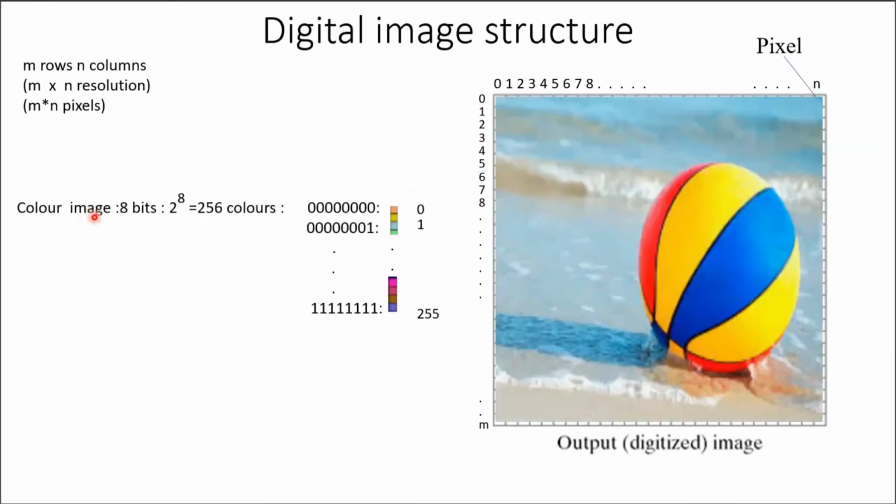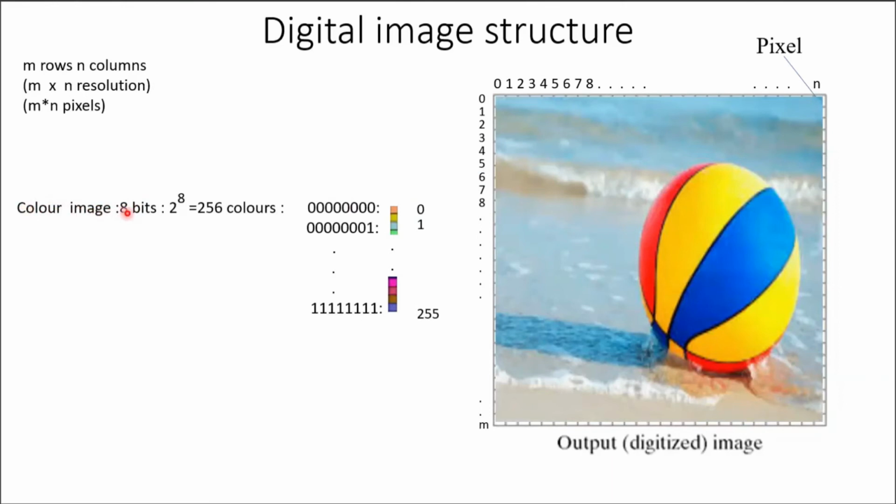This is a color image with 8 bit, still the same 8 bit. Remember, the depth and the name are different. You can say grayscale image with 8 bits, color image with 8 bits, color image with 1 bit, color image with 3 bits, grayscale with 4 bits.